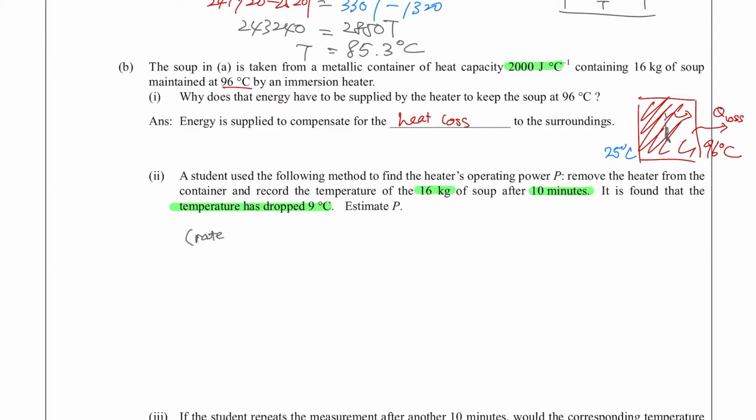So we can calculate the rate of heat loss by mc delta T over t. Wait a moment. Besides the soup losing energy, the container also loses energy. Remember, it has a heat capacity of 2000 joule per degree Celsius, so we have to take that into account as well.